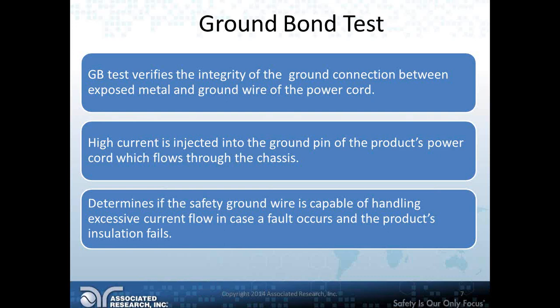For this reason, many electrical product manufacturers have been turning to the ground bond test as a more thorough alternative to the ground continuity test. The ground bond test, or ground impedance test, can be used to determine whether the safety ground connection of a device under test can adequately handle the fault current resulting from a dielectric breakdown.